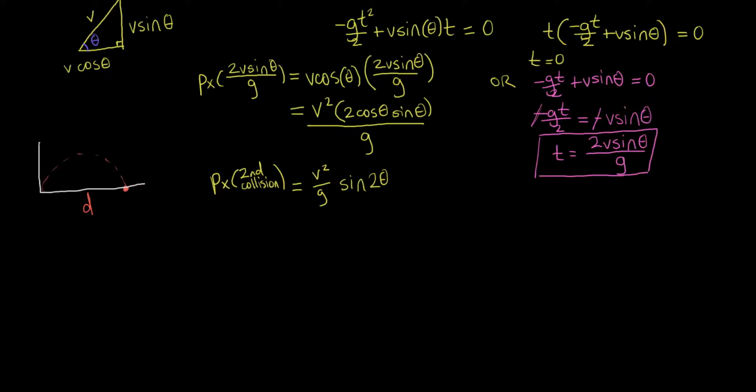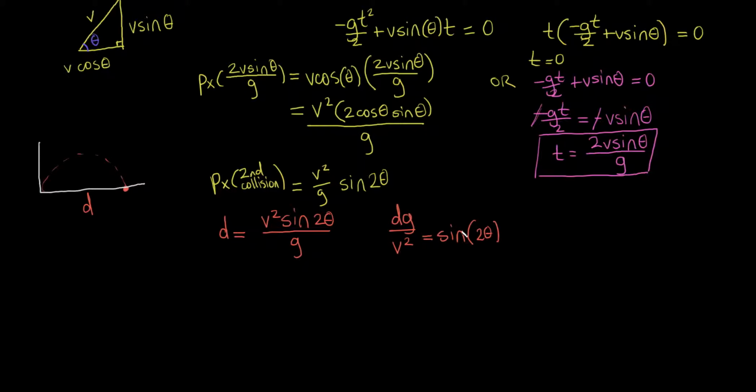So let's do that. We're going to have d, the distance, equals v squared sine of 2 theta divided by g. Okay. Now, let's just say we're trying to solve for theta. Well, we can multiply by g, so we get dg, and divide by v squared, and we get that this equals the sine of 2 theta.